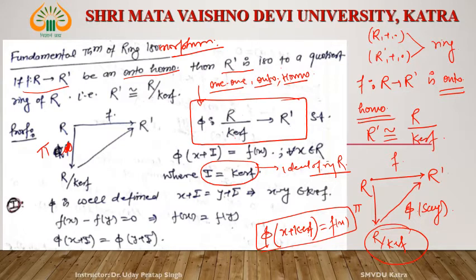That is, this phi is an isomorphism from here to here. Then R prime is isomorphic to R by kernel of f, if we are able to show that this phi is one-one, onto and a homomorphism.